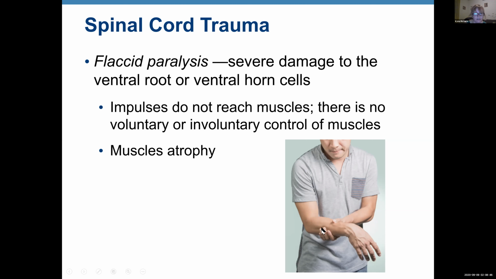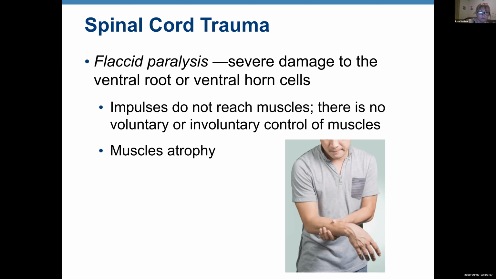Muscles are completely cut off from the neural supply, and this causes muscle atrophy, right? So muscles are soft, they're not stimulated. And this is damage of the ventral root or ventral horn cells.